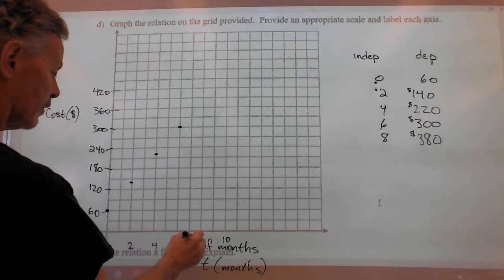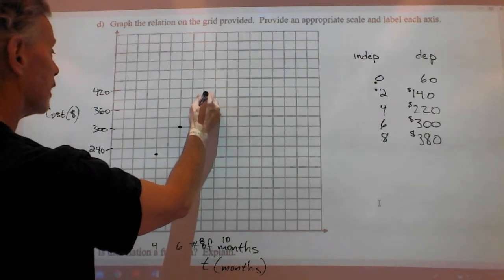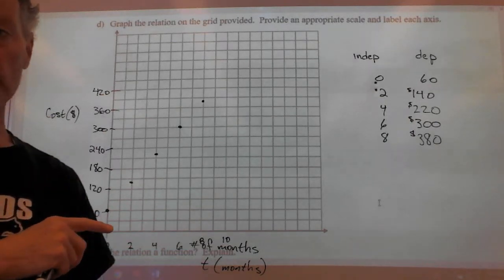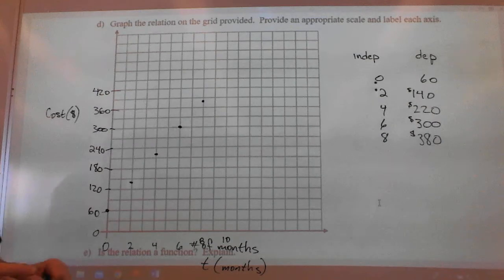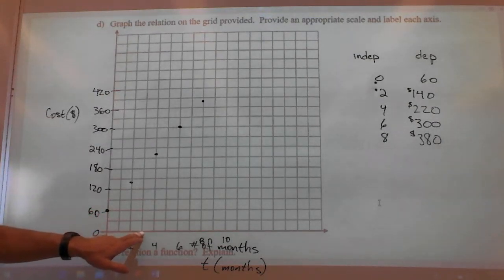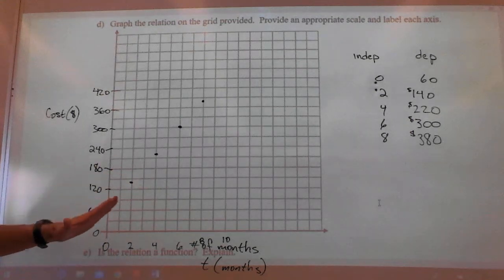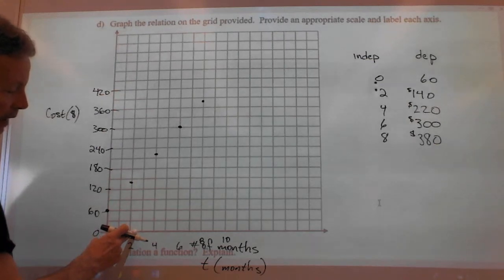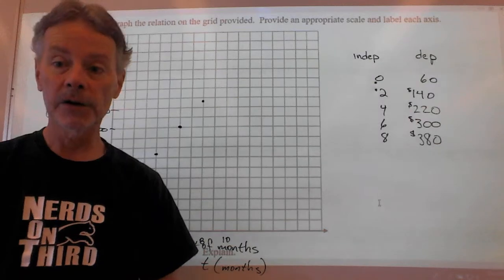And at 8 months, it's $380. Now, because we have said that this is a discrete relation, we don't join the points, right? Now, there are other points, like there would be a point at 3 months, which would be in between here somewhere, but there's no point that's, say, at 2.5 months, okay? So we can't join these points because we have a discrete relation, okay?